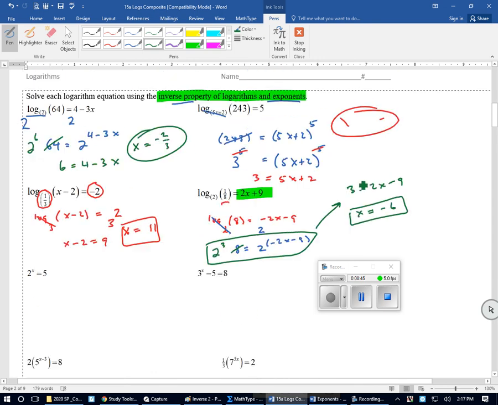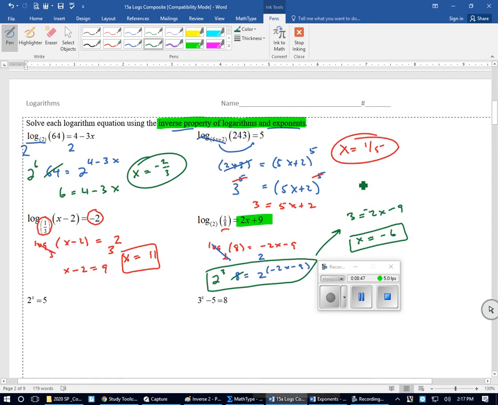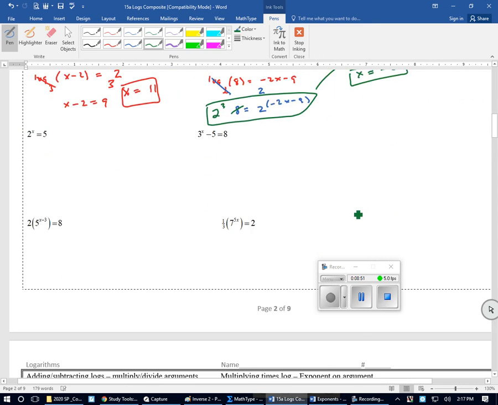Once again, the idea up here was that the inverse of a logarithm is a base. The inverse of a base is a logarithm. Now, we've been solving these base problems in the classroom where we have things like 27 to the x equals 81, where we have reduced these to common bases.